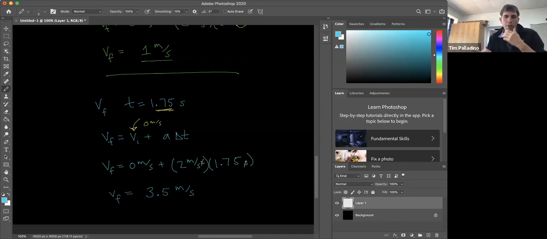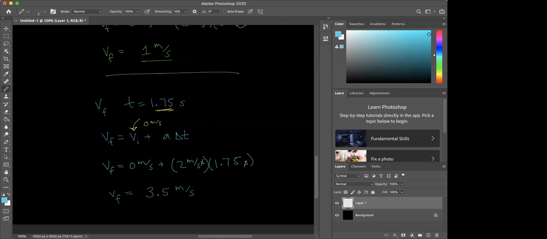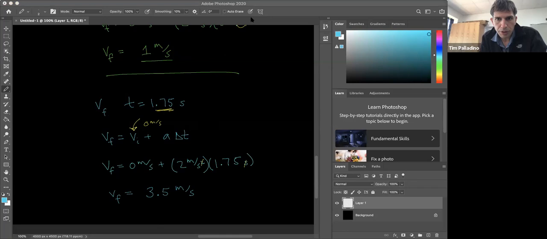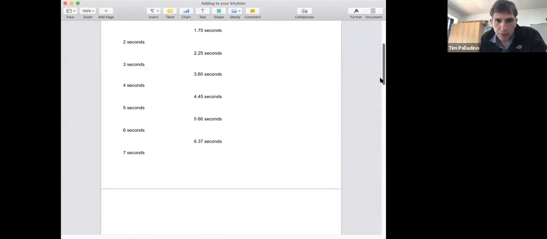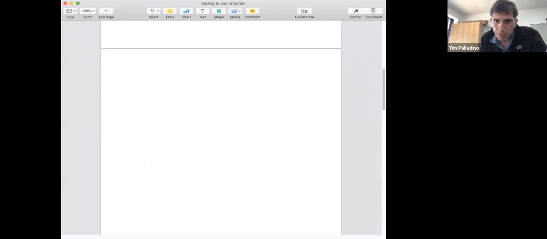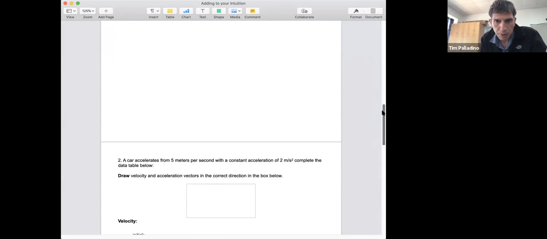What I would like to do is stop screen sharing for a second. I'm going to switch the screens. All right, why is nothing on that?